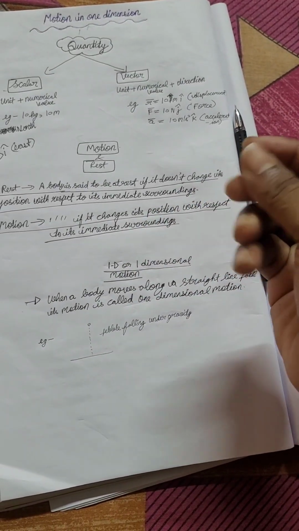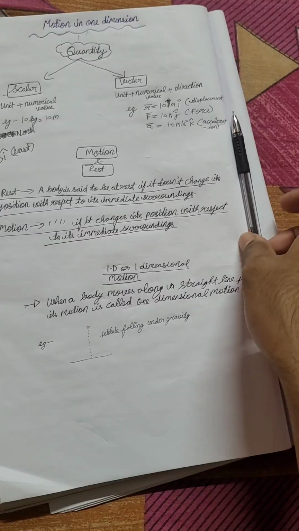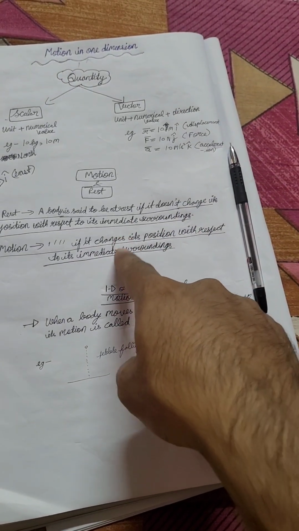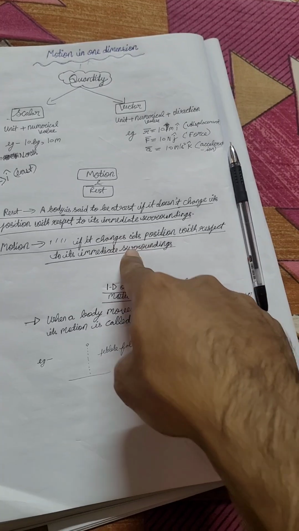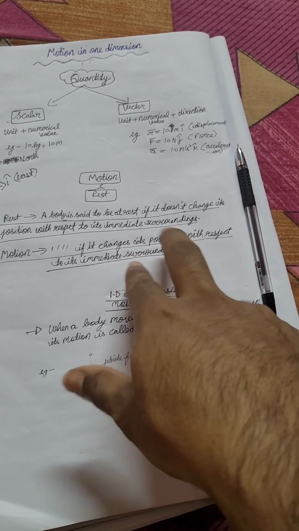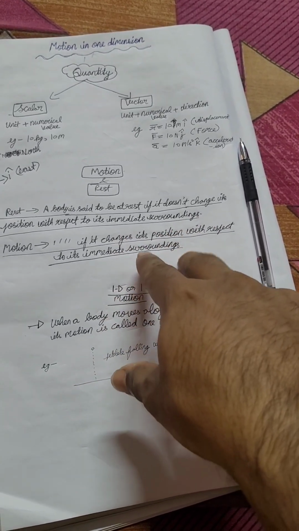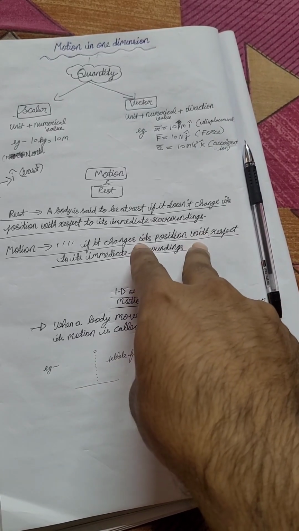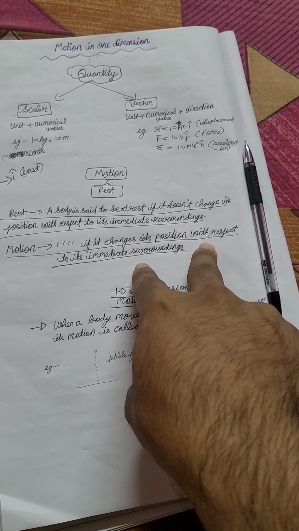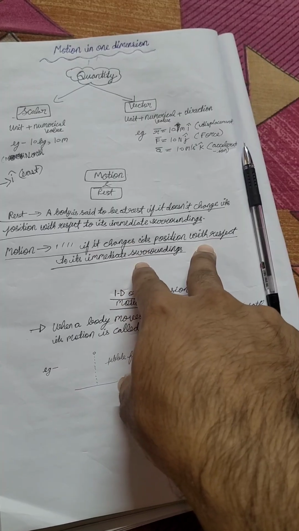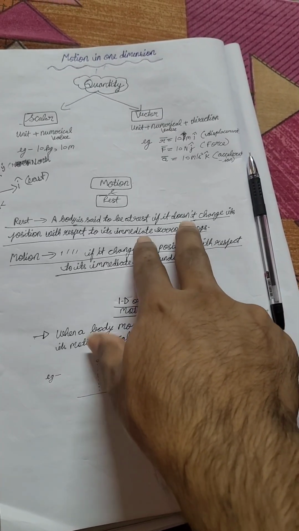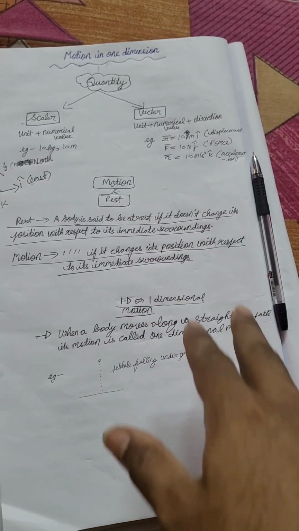Rest and motion are relative terms. If one person is running with some velocity or speed, and another person is running with the same speed, then for this person, that person is at rest because both are moving with the same velocity.